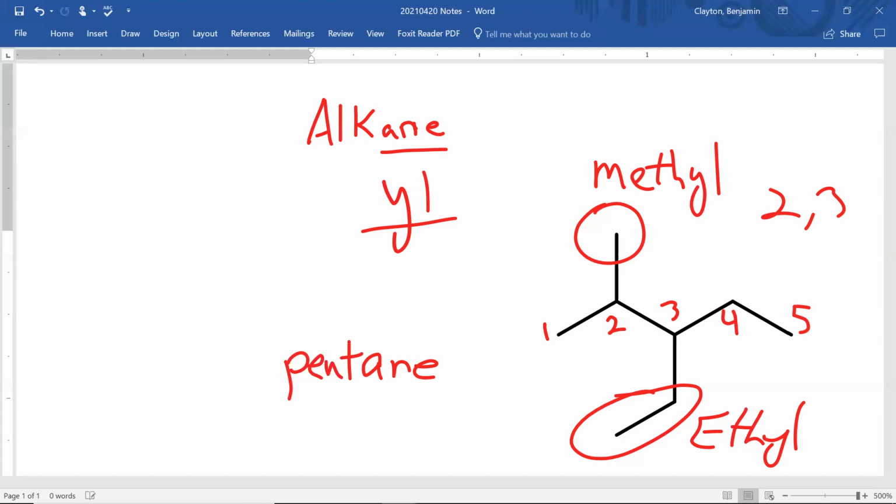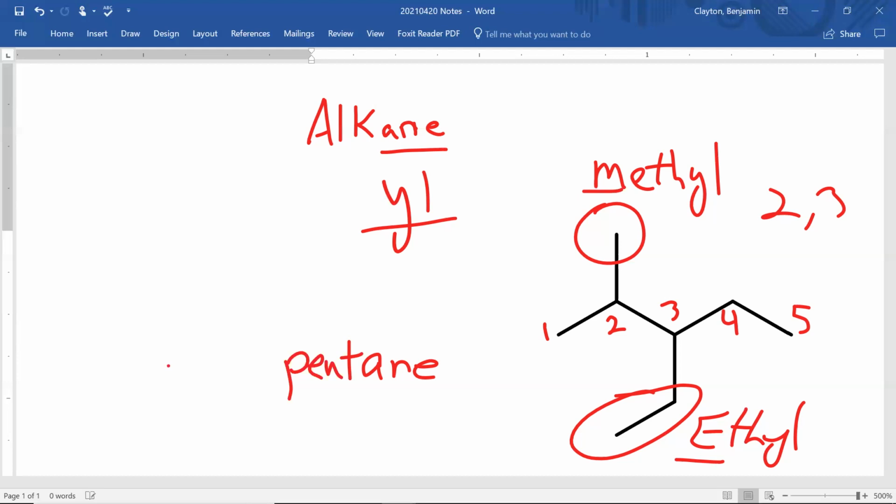Write that in, pentane. And next, we're going to look at the first letter in these groups and alphabetize those in front of the parent. And so here, ethyl goes before methyl because E goes before M in the alphabet.